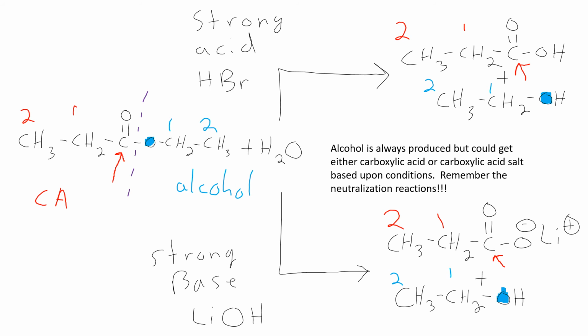Well, here's where those neutralization reactions come back into the forefront again. If I form a carboxylic acid, but I'm in the presence of a strong base, then that neutralization reaction is actually going to occur. And instead of having the carboxylic acid, I'm going to have that carboxylic acid undergo that neutralization reaction and form the carboxylic acid salt. So remember, carboxylic acids have acidic properties, so you have to pay special attention to what else they're with.